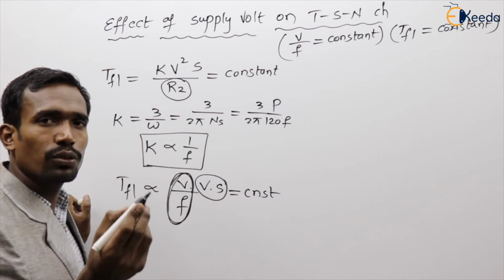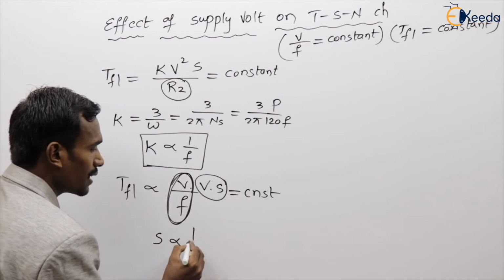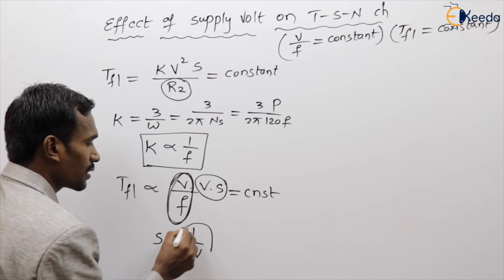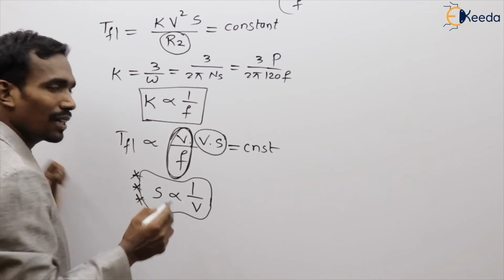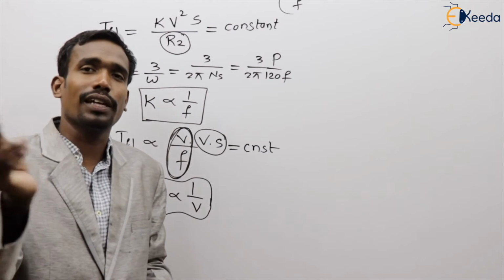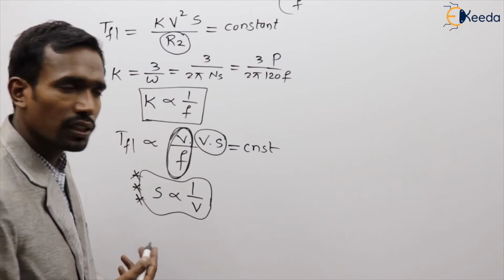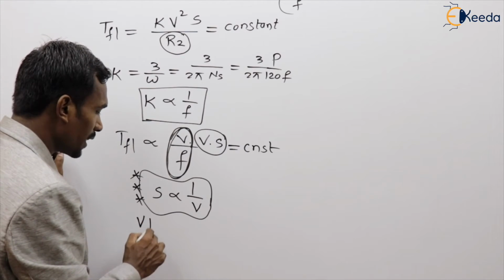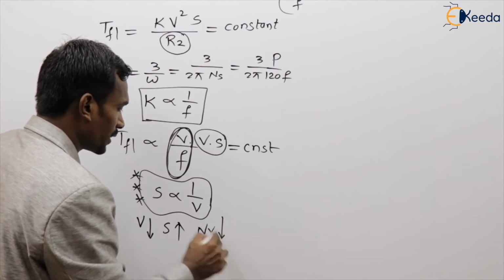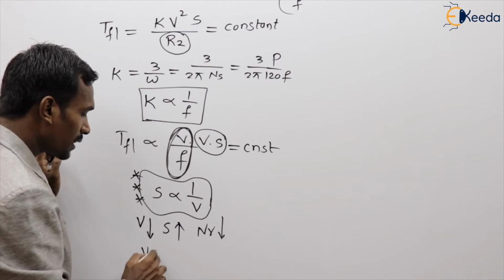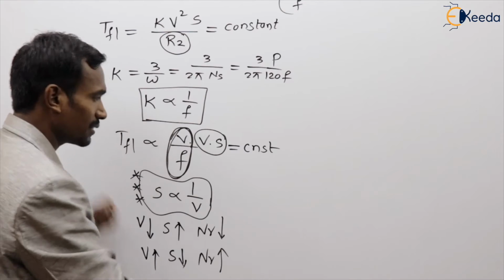V into S should be constant. Nothing but slip is inversely proportional to voltage. In the second concept, slip is inversely proportional to voltage square, but here slip is inversely proportional to voltage. If voltage reduces, slip increases, then speed reduces. If voltage increases, then slip reduces, then speed increases.